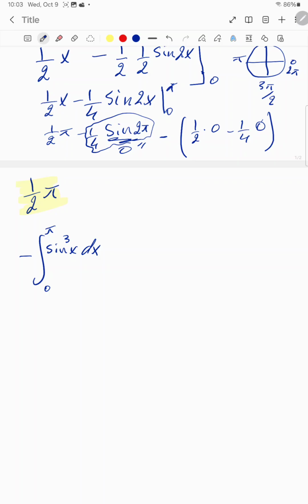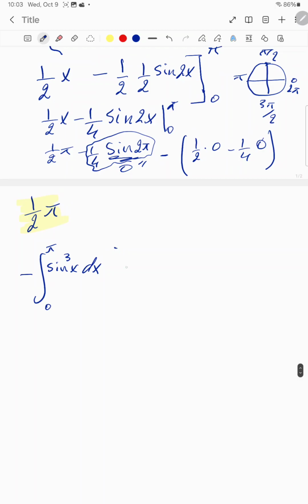As I keep saying in my previous videos, I have to make it to the power of 2 to be able to use the trigonometric identity. So this is equal to minus the integral between 0 and pi of sine to the power of 2 of x times sine x dx.